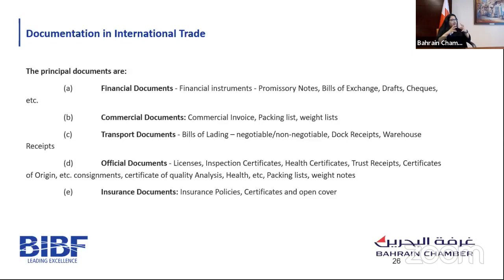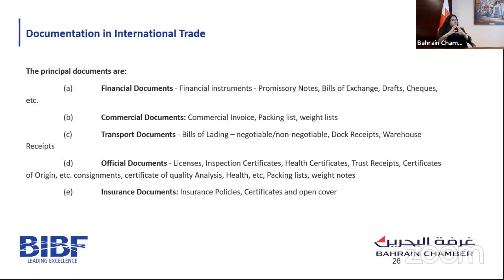Negotiable means that unless you as an exporter endorse on the back of the transport document, the ownership of the goods will not be transferred from you to the ultimate buyer. So negotiable transport documents are good for the exporters. If you do not want the ownership to be transferred, then you will not endorse it. Unless you endorse, it will not be transferred.